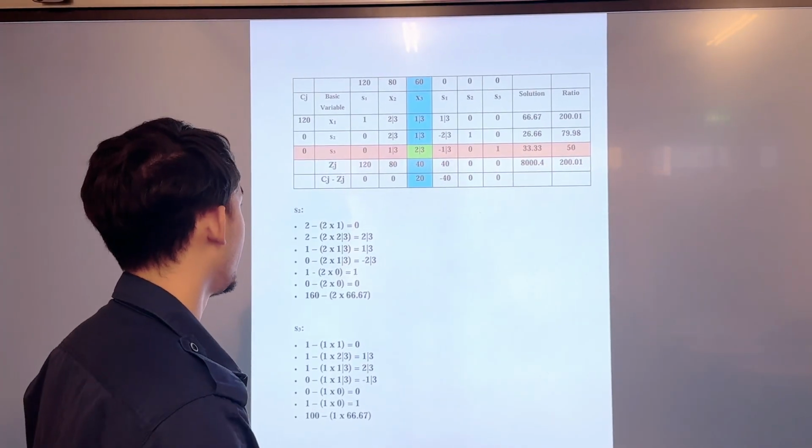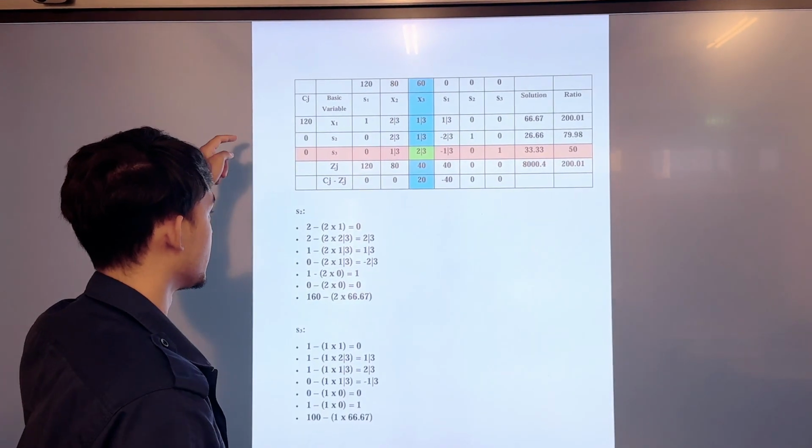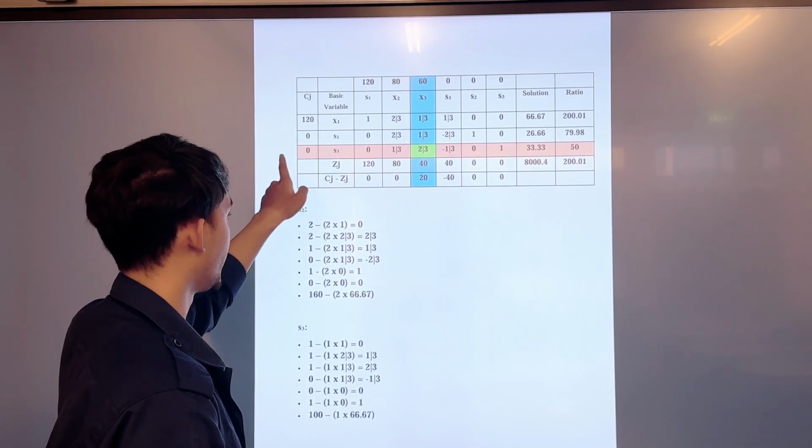After you change S1 to X1, you can do the rows S2 and S3.